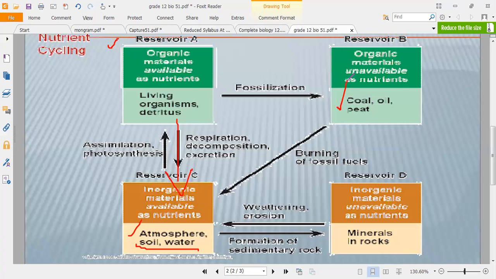These are fossil fuels and organic compounds. So organic compound changes into organic compound, but this one is indirectly available.